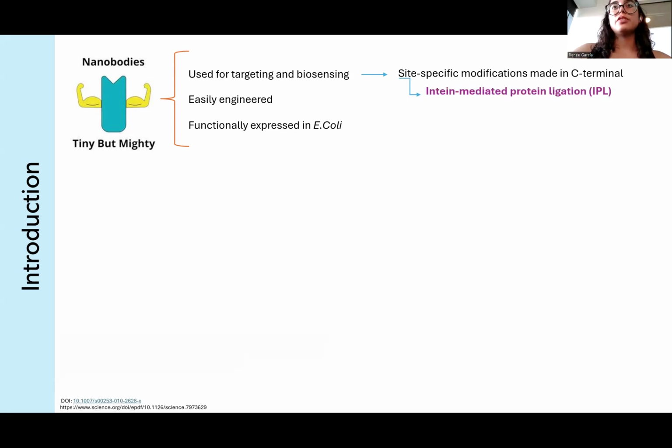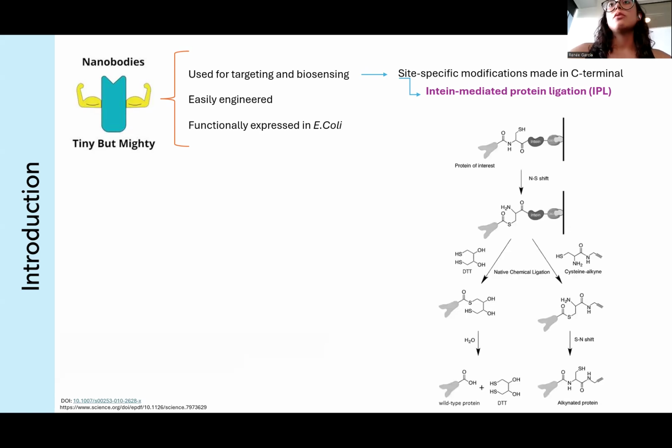One of these modification techniques is called intein-mediated protein ligation, which we can see in this image. It involves first having our protein fused to an intein and a chitin binding domain, which allows the adherence of this whole construct to a column for it to be purified.